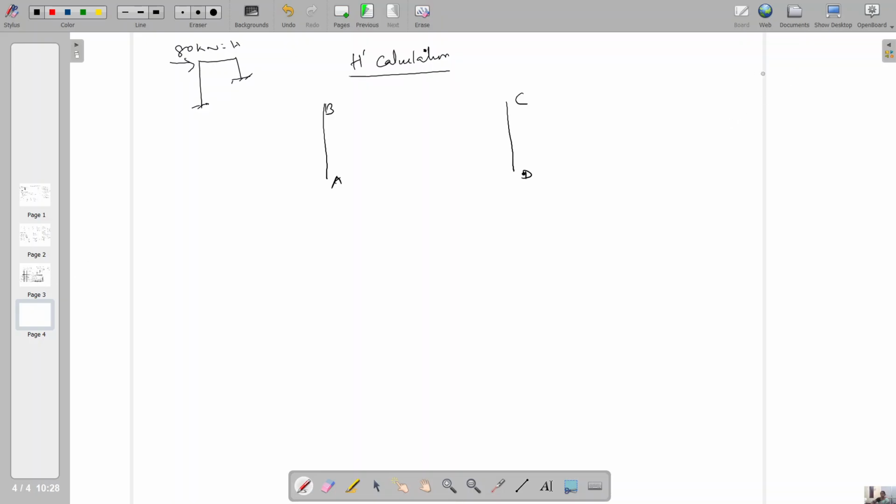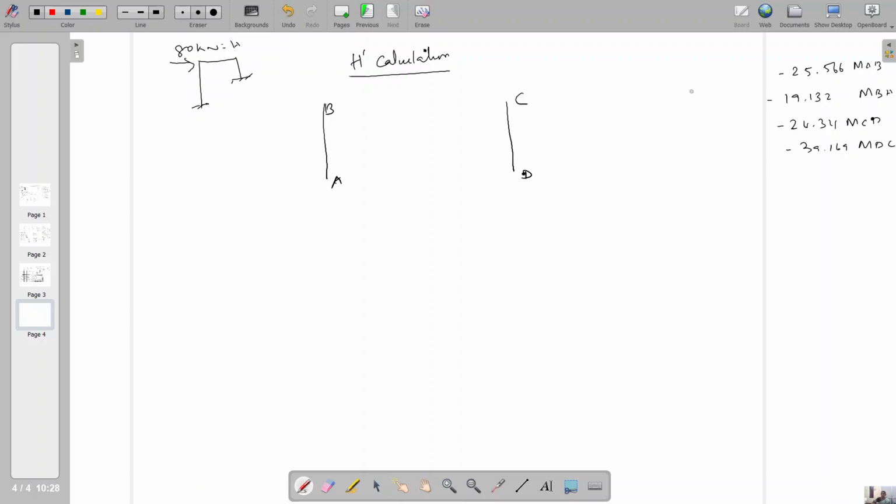The moment values are minus 25.566 MAB, minus 19.132 MBA, minus 24.34 MCD and minus 39.169 MDC. These values we got from sway analysis. So you mark the direction.